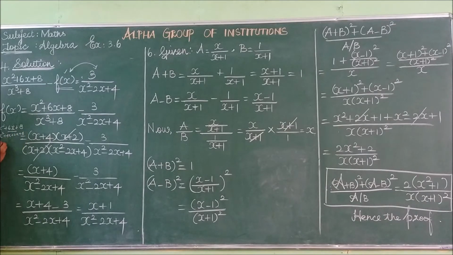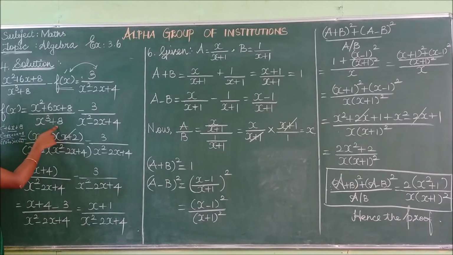From the first two terms, take x as common; the remaining term is x plus 4. From the next two, take plus 2 as common; the remaining term is x plus 4. So the common term is x plus 4, and the other term is x plus 2. So the factors of x squared plus 6x plus 8 are x plus 4 and x plus 2.